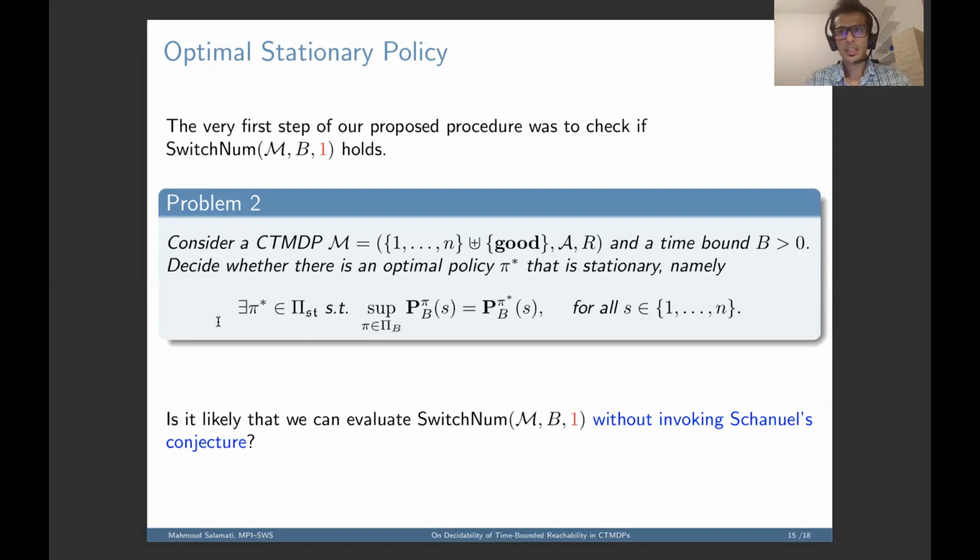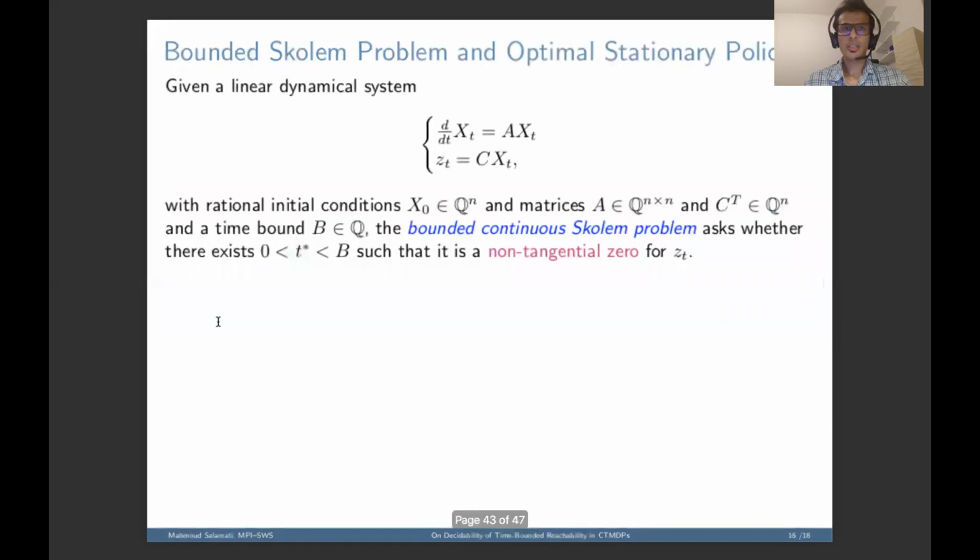To answer this question, we've made a connection between this problem 2 and a very famous problem from linear dynamical systems called the bounded continuous Skolem problem, which asks, for a given linear dynamical system described by this set of equations with rational initial conditions and matrices and a positive time bound, whether there exists a time within the interval such that the solution to this linear dynamical system has a non-tangential 0 at that time point.